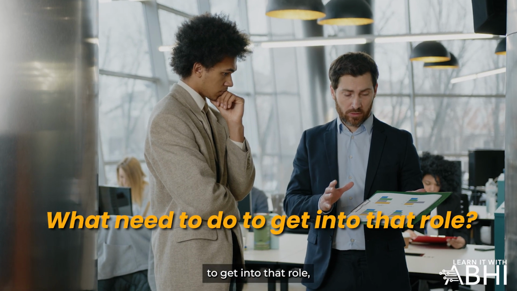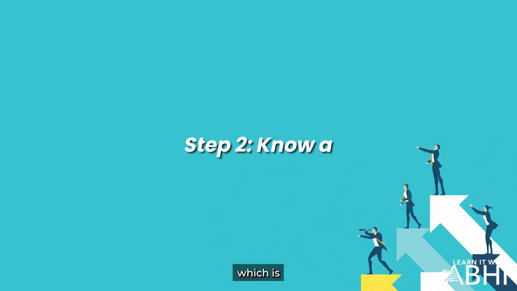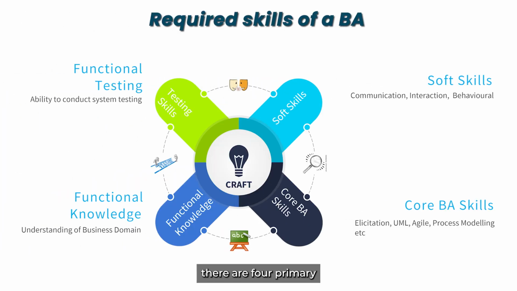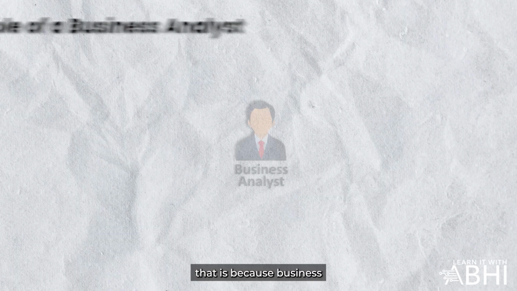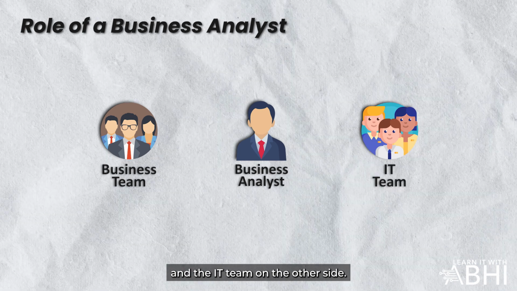The next part is what skills are required to become a business analyst. As you can see on the screen, there are 4 primary categories of skills. First is soft skills. Soft skills are important because business analysts interact with the business on one side and the IT team on the other.